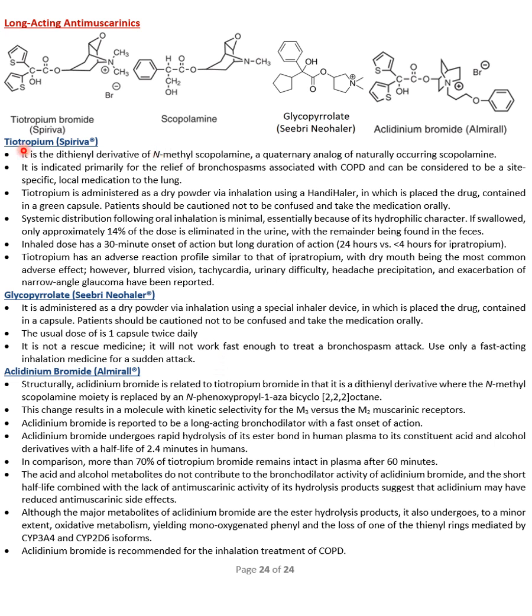The first one, the tiotropium, or the Spiriva: the idea of designing this drug came from the scopolamine, which is an antimuscarinic, except this benzene ring was replaced with these two thienyl rings, plus the CH3 here was added in addition to this one here. So now the drug is more lipophilic and it has a longer duration of action.